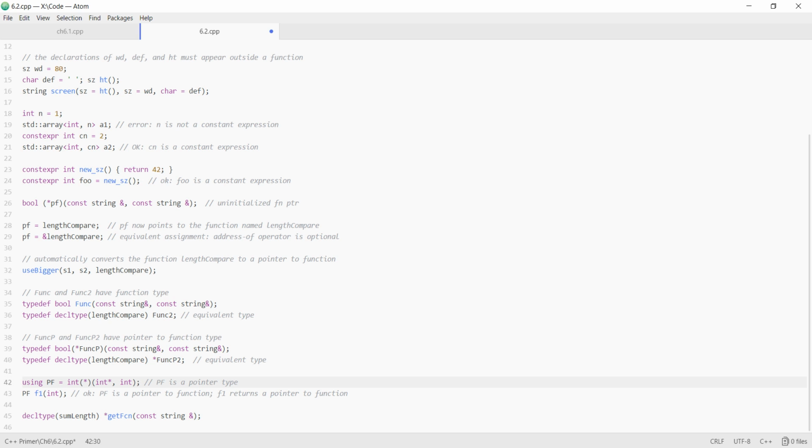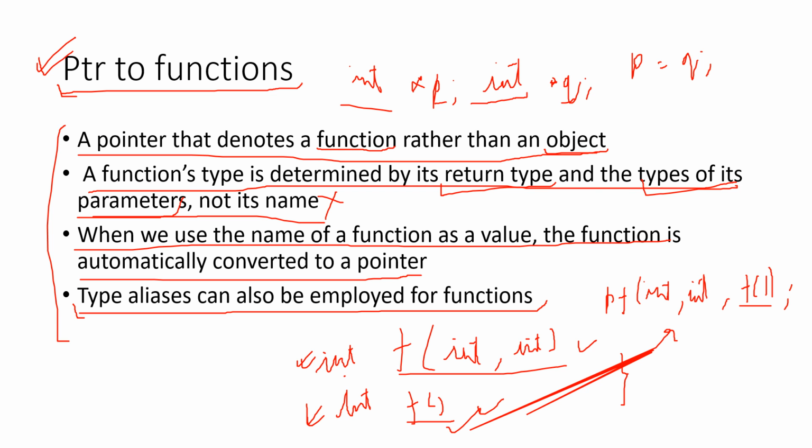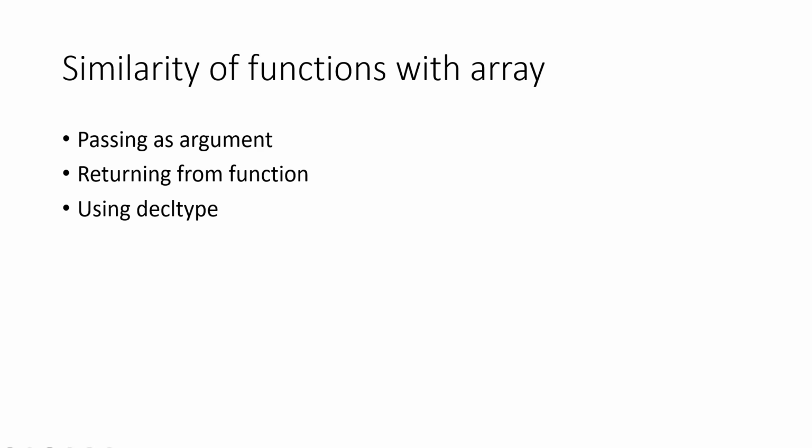If you write this, then directly you can use this for declaring your function types. Okay, so this is something interesting. I had to use that in the next slide; I discussed that earlier. So we are going to see some similarity of your functions with that.